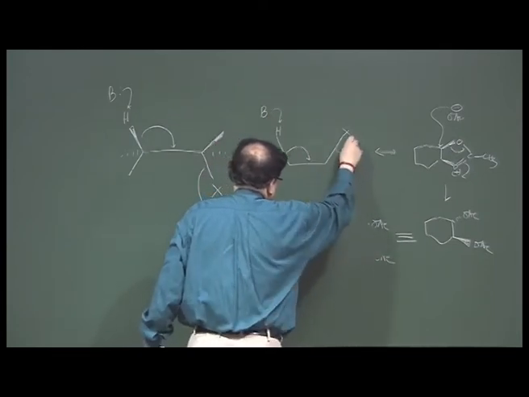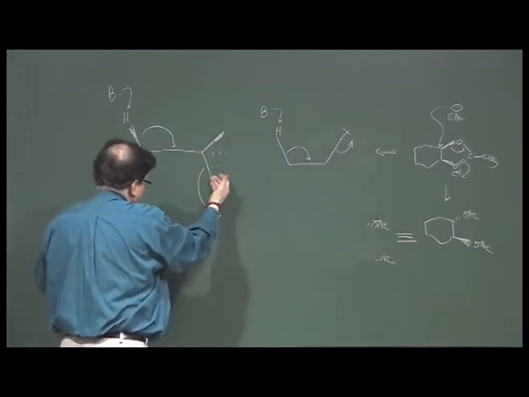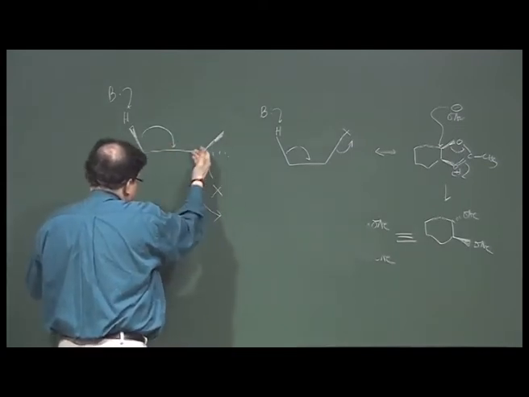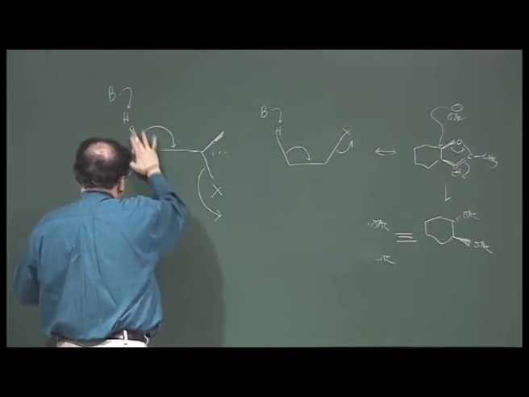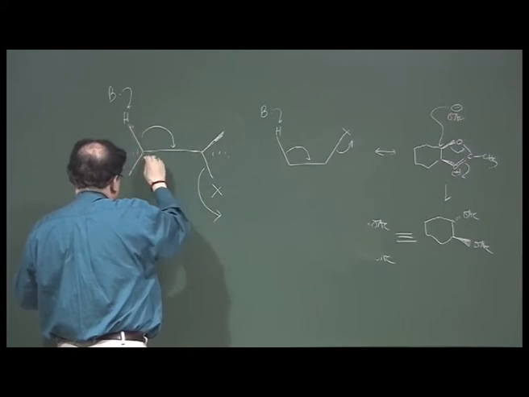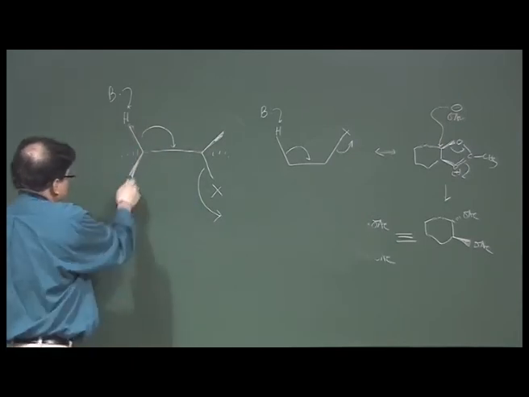but the most important thing is that they should be periplanar, means the plane containing these bonds and the plane containing this hydrogen. Actually, I should make it only single, and this is the beta bond. Okay.